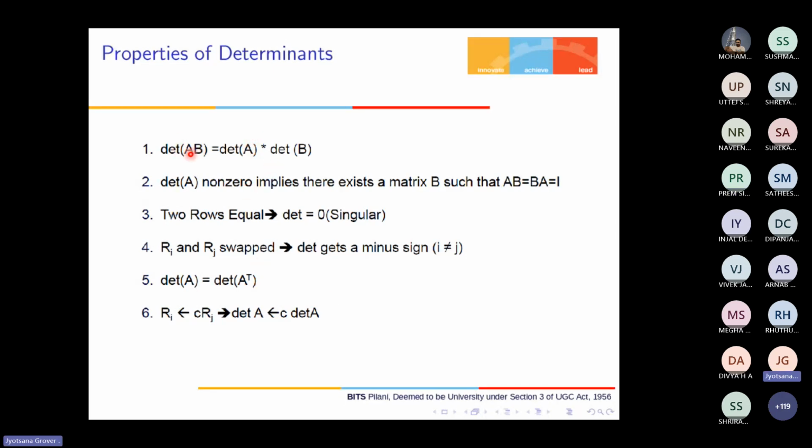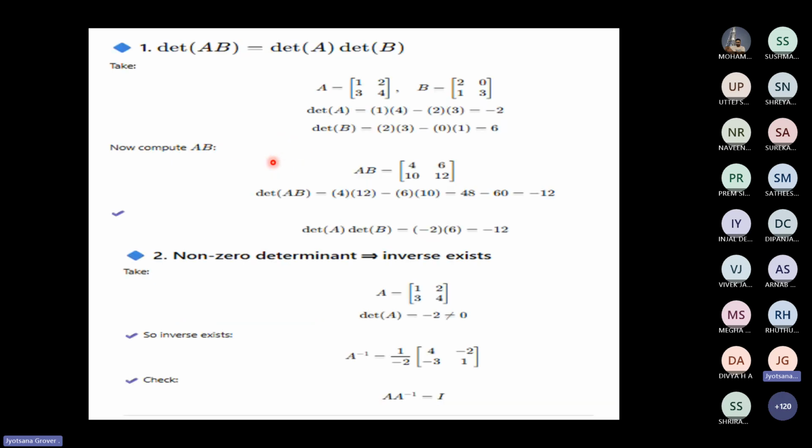If you take the product of two matrices and then calculate the determinant, it will be equal to the determinant of the first matrix times the determinant of the second matrix. Let's see this property. Can you see the first line? Okay, now you'll be able to see. Determinant of AB is equal to determinant of A into determinant of B.